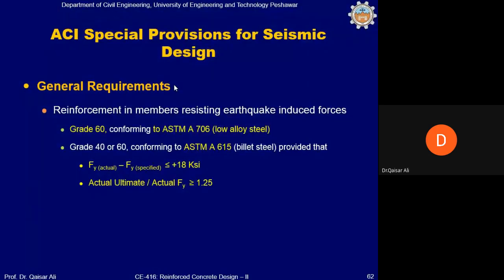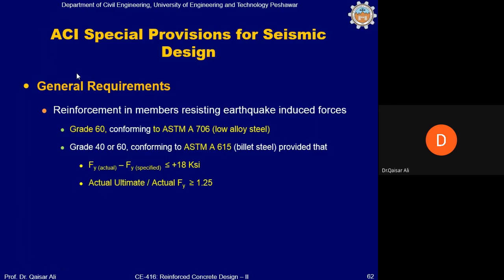However, if the actual yield comes out to be, let's say, 80, then the ratio of 90 to 80 is 1.125. On the face, it seems good to have more yield and more ultimate, but the code would not allow you to use this. The reason is that ductility starts after yielding, and the strain ductility is basically the ratio of strain at ultimate to strain at yield.